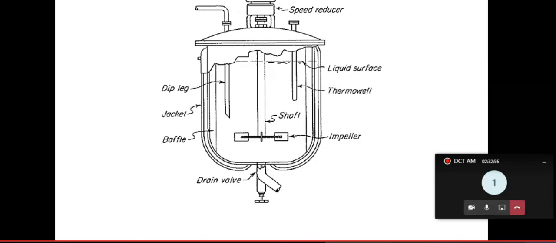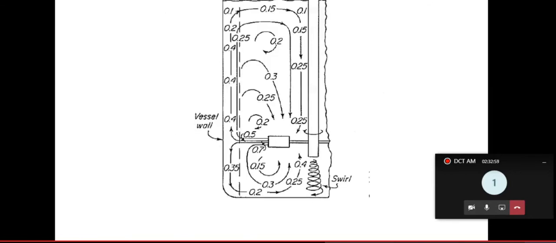So hence, dynamically, it should be similar. Whenever you are going from one reactor to a second reactor, reactor to third reactor, when you are increasing the size, these kinds of established flow currents should be present in it. The meaning of the sentence is, in the prototype, if you are using a 6-bladed turbine agitator, in the large scale, you don't have any right to use a propeller type of agitator. Remember this.